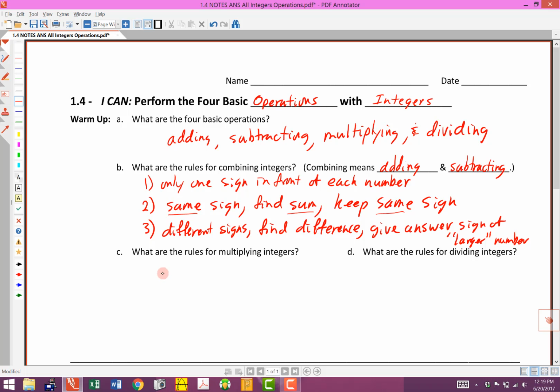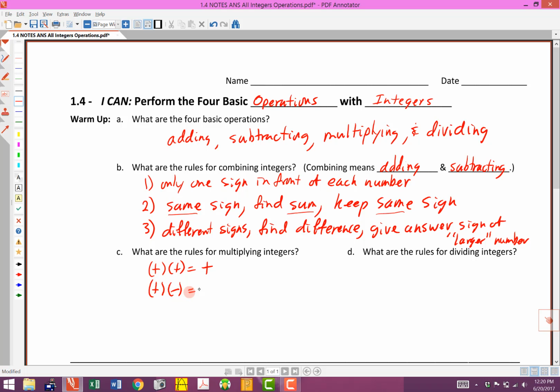So what are the rules for multiplying integers? Well, we don't have to use anything fancy, don't have to write anything out. We can just say a positive times a positive using the rules for implied multiplication here. Don't need a symbol or anything if there's nothing in between any two numbers or a letter and a number. It's just implied multiplication, so that's going to be positive.